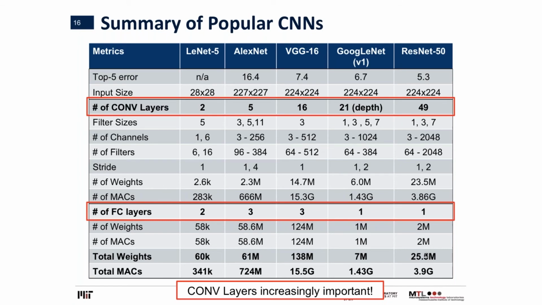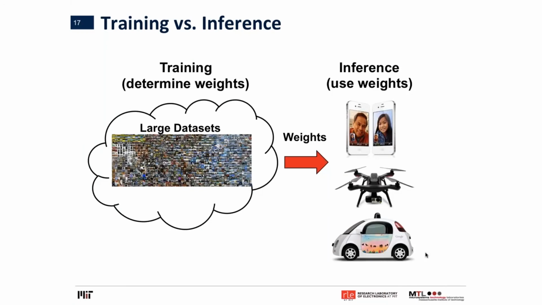The other thing I want to highlight before we get deeper into this is that there are 2 modes when we're talking about deep learning. One is the training mode, where you're taking very large data sets, and from these you're trying to determine the weights of your neural network itself, so the weights of those filters that we were talking about. That's typically occurring on the cloud.